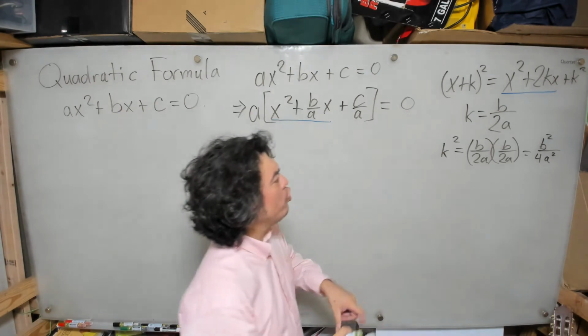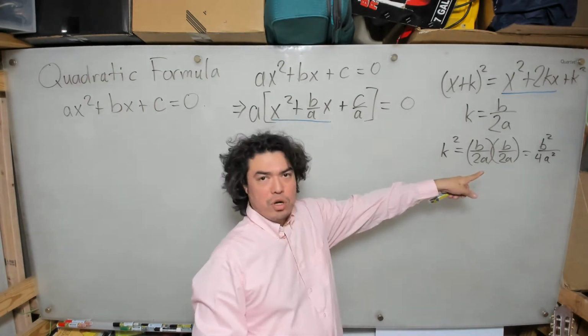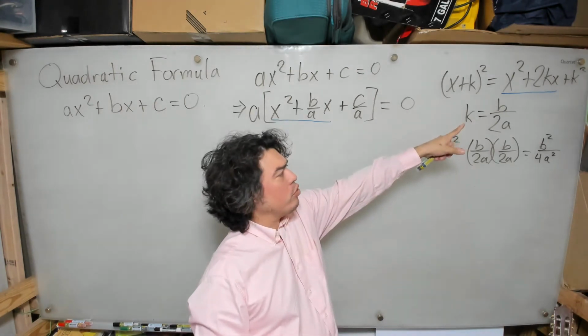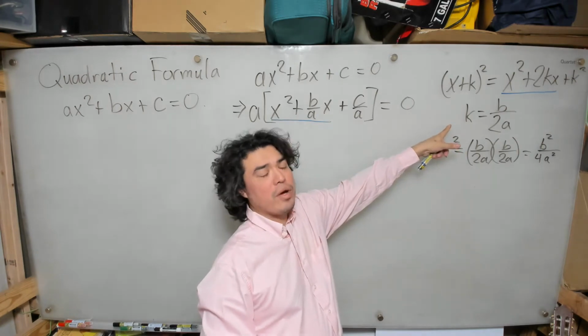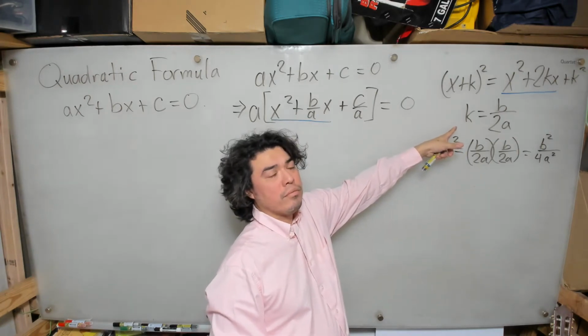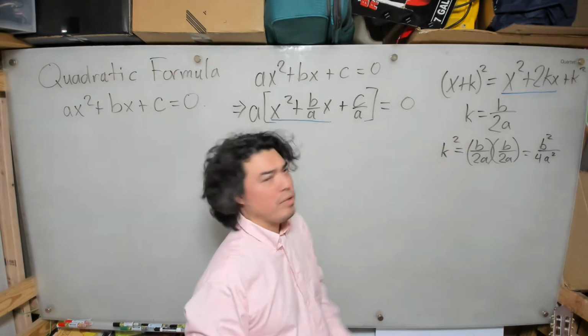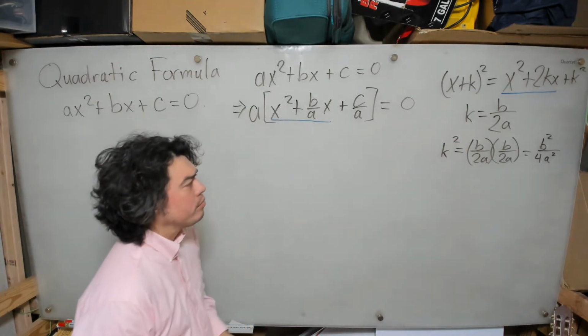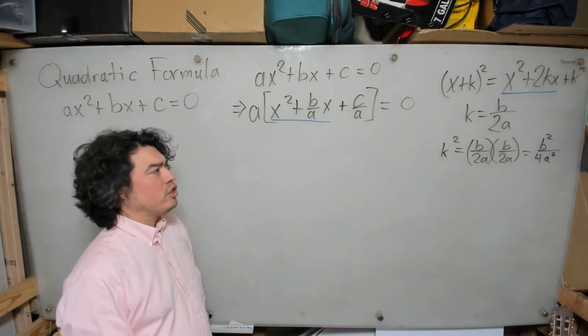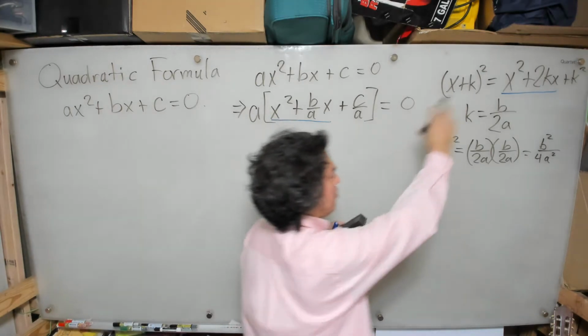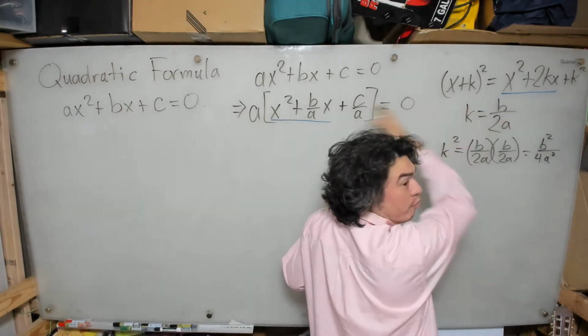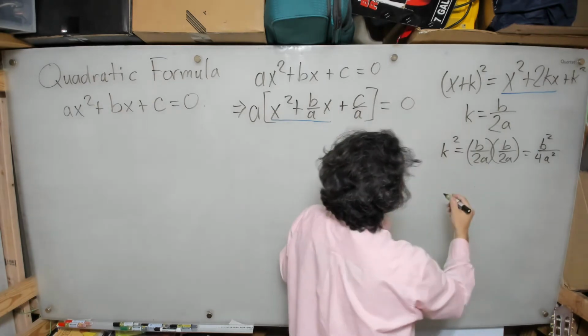So we can conclude that k squared is b squared over 4a squared, and we know that 2k, by the condition under which we got k, has to be the b over a here. And so now we're in a complete position to write down the final statement that we're going to need here to perform the completing the square.